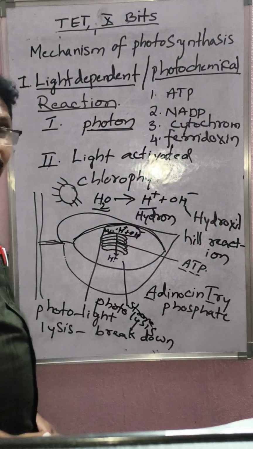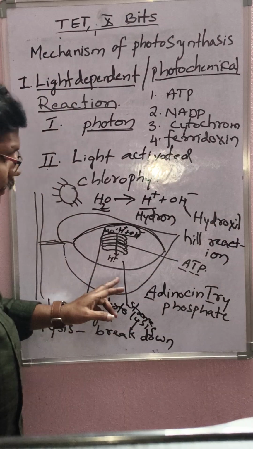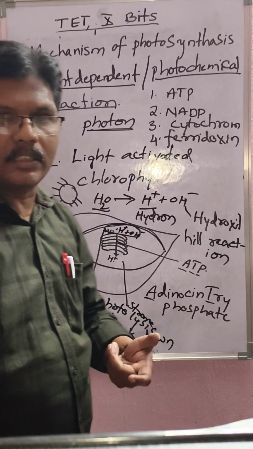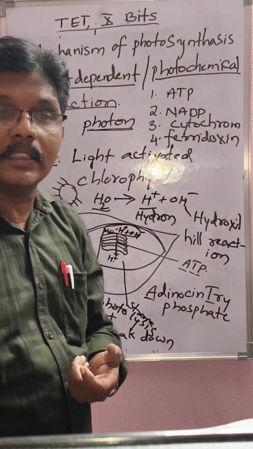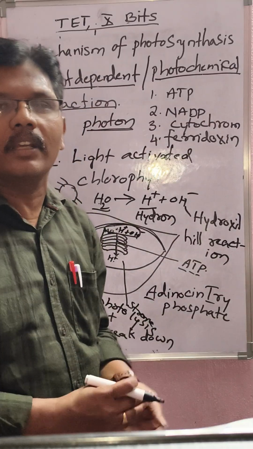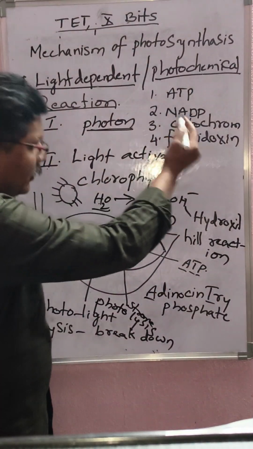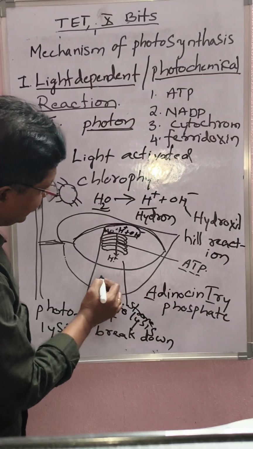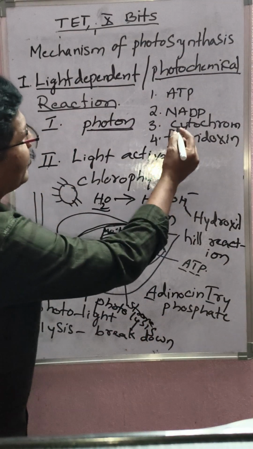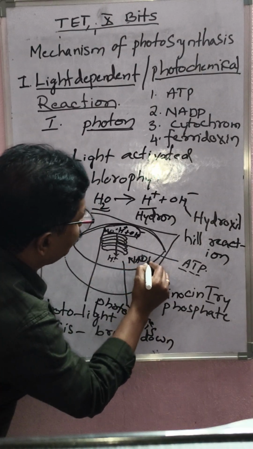Some electron acceptors are naturally present here. What are electron acceptors? The acceptors which accept electrons are called electron acceptors. Among them, one electron acceptor is NADP.